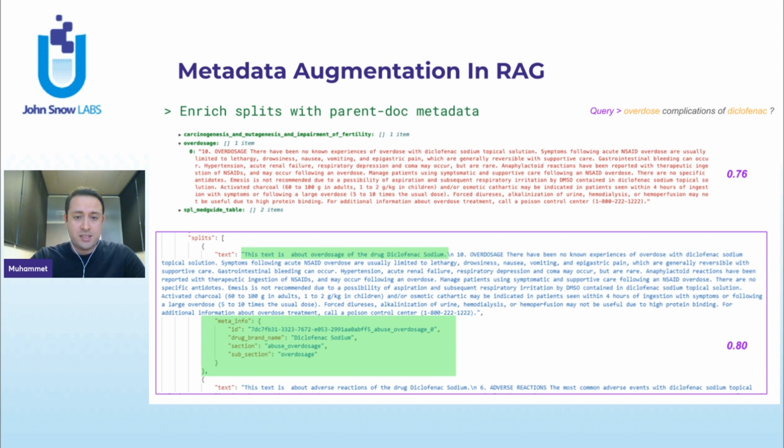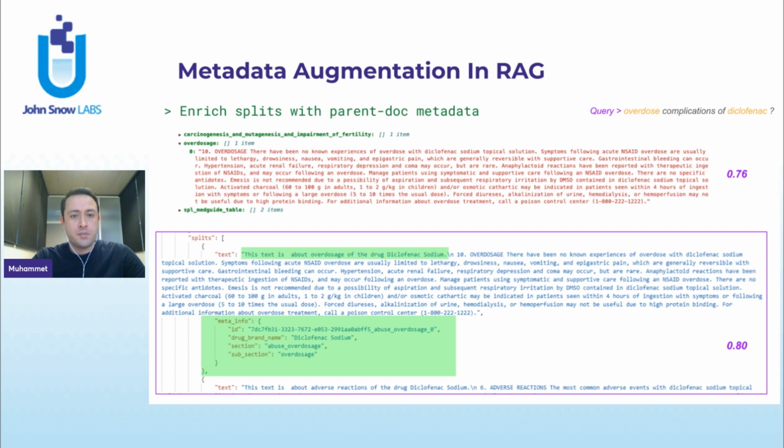But if we inject some metadata into our split, like the highlighted stuff below, like patient ID or some other name of the document, or the published name of the articles, right? So you can add those kinds of metadata information to your splits, and then here the similarity score is 0.8 after adding the metadata information.